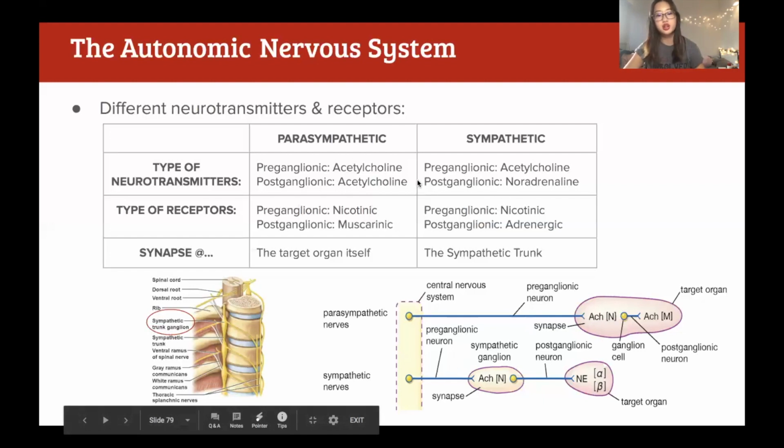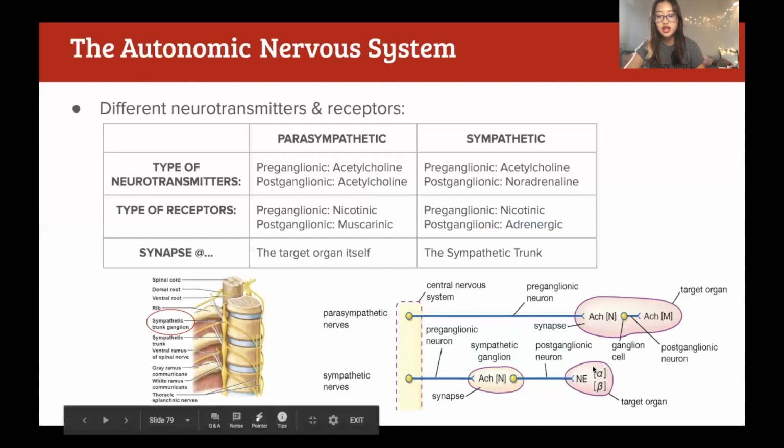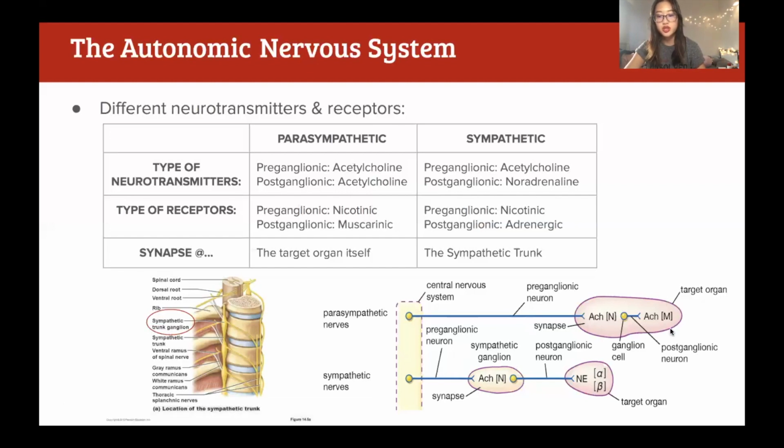So postganglionic, for parasympathetic, we would still keep on using the acetylcholine neurotransmitter, and the postganglionic receptor, the receptor right on the target organ, would be a muscarinic receptor.